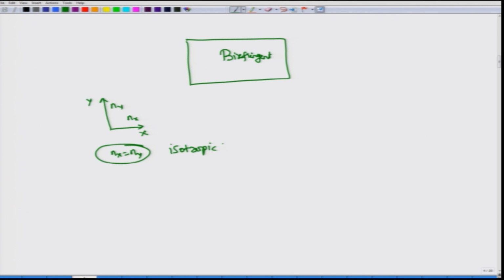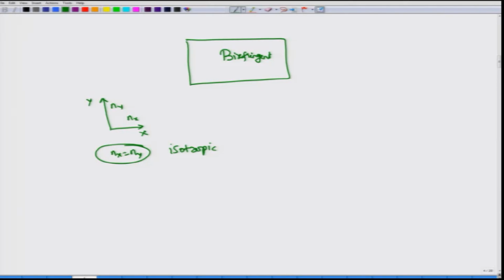This means that the refractive index that the polarized light sees does not depend on the polarization, whether the light is polarized along the x direction, y direction or any other direction. That is the isotropic material. But what if nx is not equal to ny?